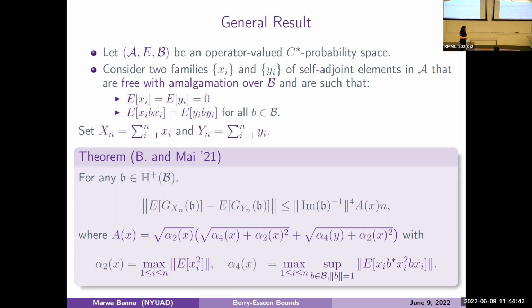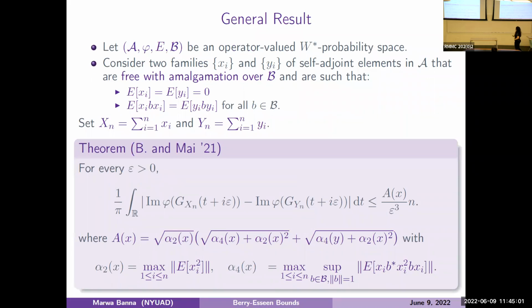So this bound is merely in terms of the moments of order 2 and 4. And of course, we're going to extend it to all amplifications. I'm going to tell you later how we obtain such bounds. And also bounds of this term, the integral bounds on the scalar valued Cauchy transform. And again, our bounds are in terms of the moments of second and fourth order.